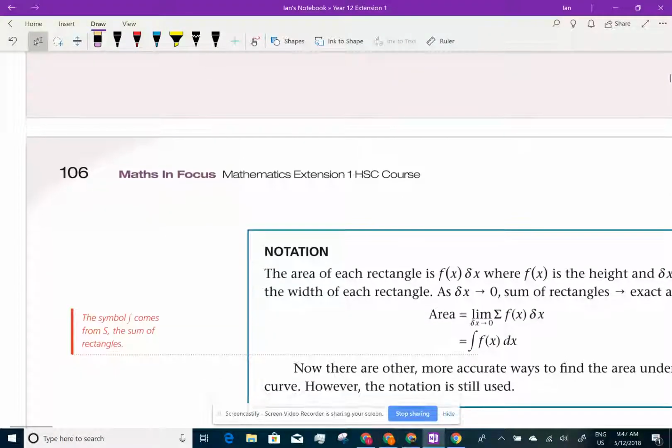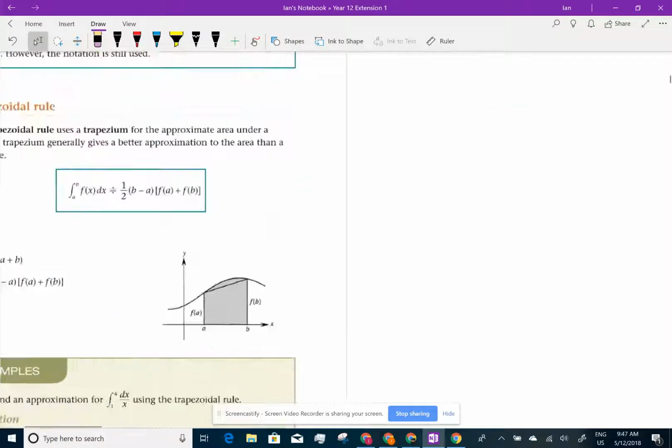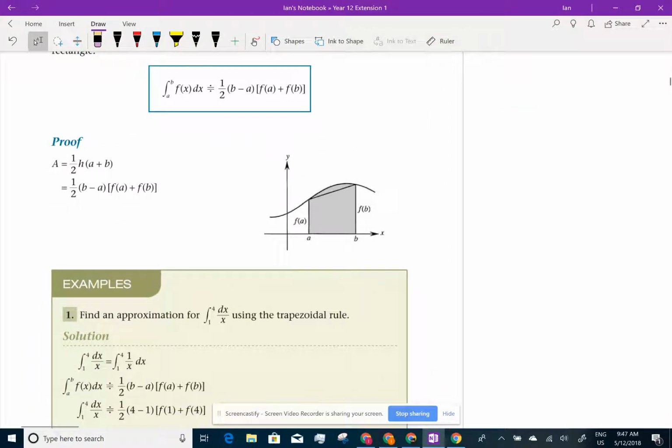A better form would be to use a trapezium. And as you can see here, this is a trapezium. And what you have are the two parallel sides. They're the two lines going up. And this is the important bit.